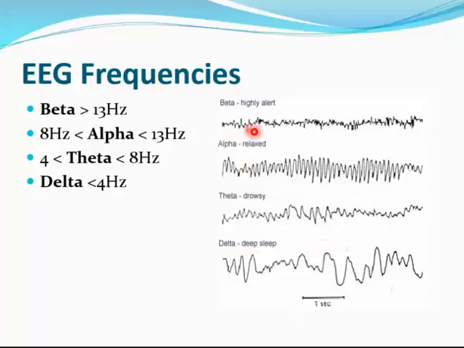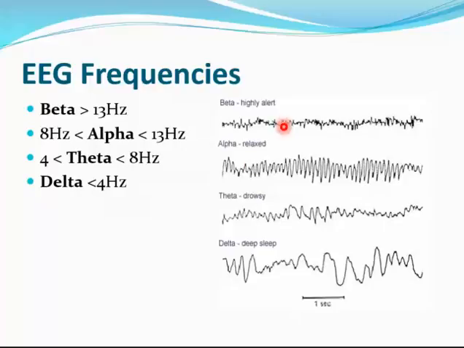And here on the picture we're looking at beta activity, highly alert, and beta activity is usually found in the frontal and central planes of the head. High alert is seen here because the brain is working. The frontal plane is where executive decisions are made, what we use for thinking and for making decisions.